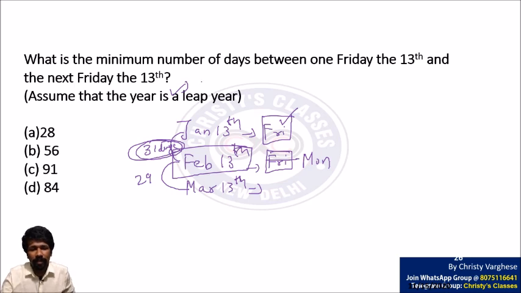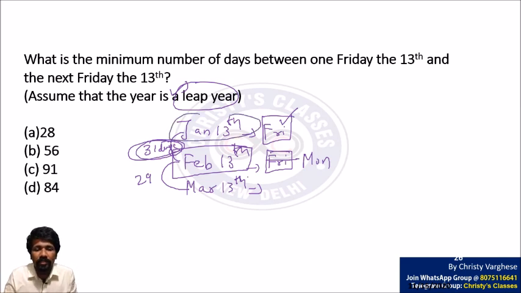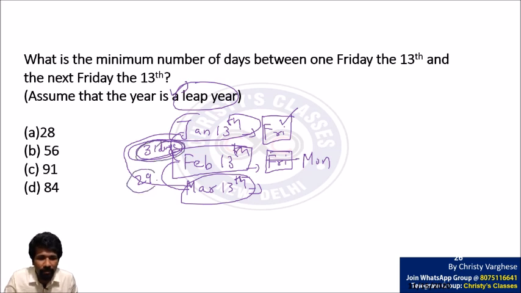From Jan 13 to March 13, the number of days will be 31 plus 29, total 60 days. 60 is not a multiple of 7, 63 is a multiple, 56 is a multiple, 60 is not.